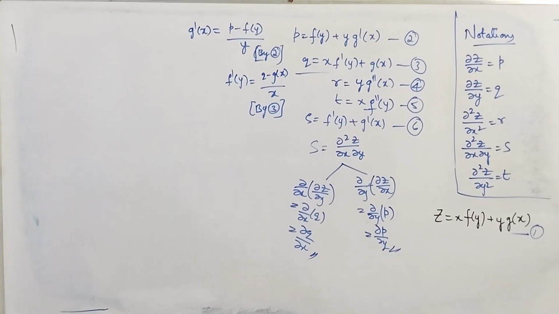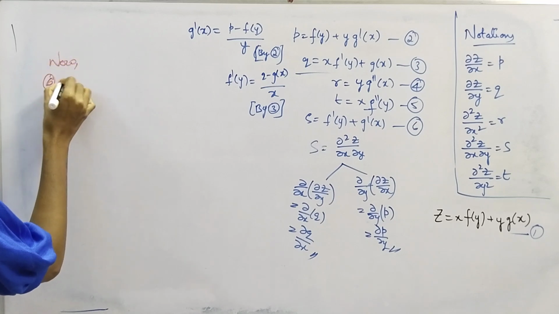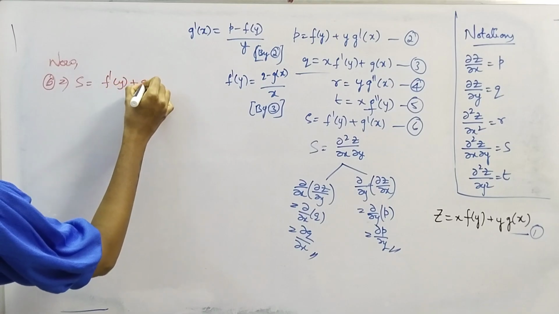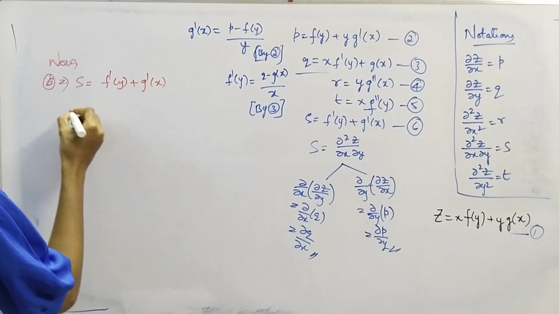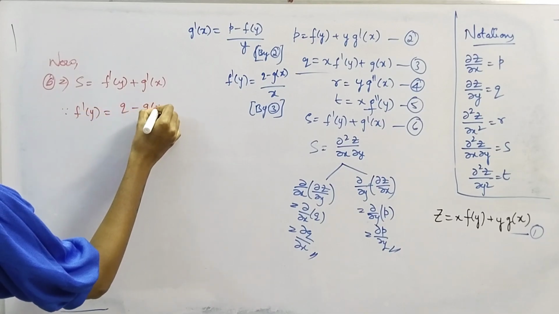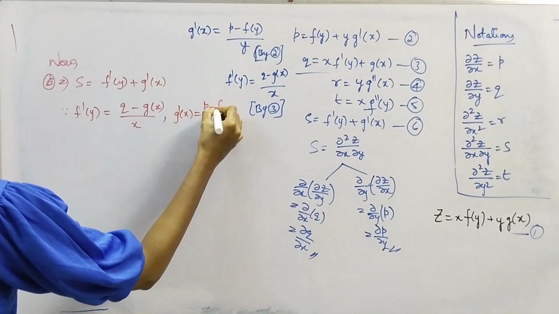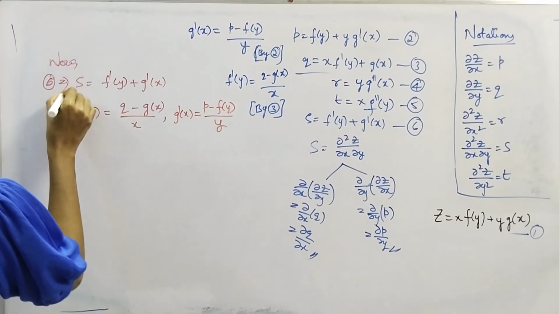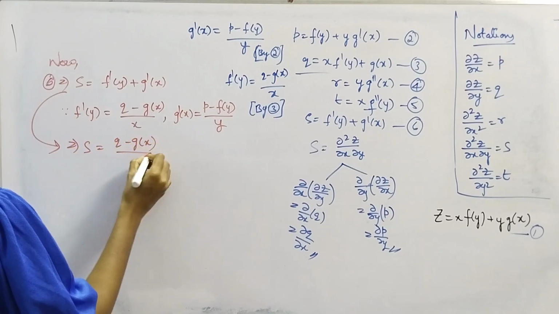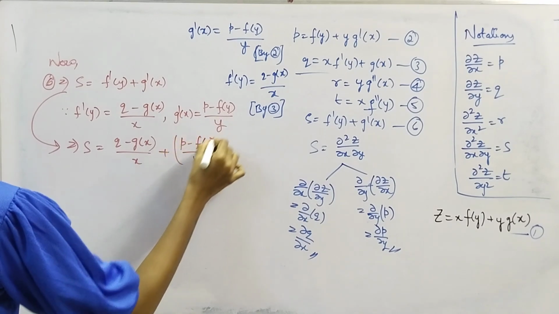We have equation 6 as s equal to f'(y) plus g'(x). Substitute the values of it, since f'(y) equals (q minus g(x)) by x and g'(x) equals (p minus f(y)) by y, then this becomes s equal to (q minus g(x)) by x plus (p minus f(y)) by y, right?